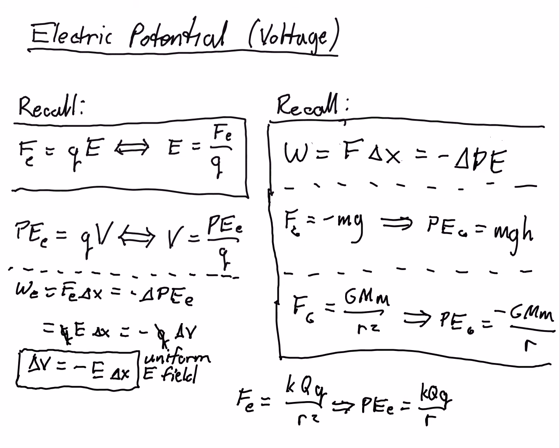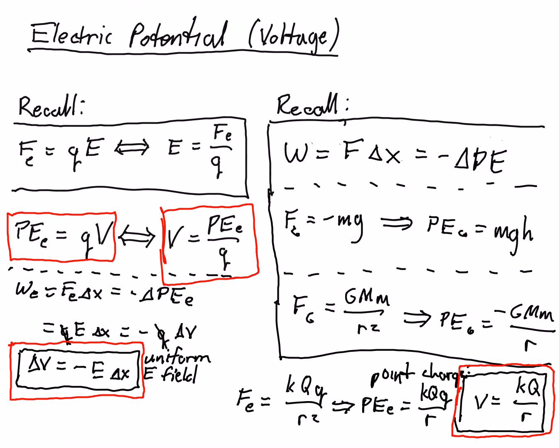Note that the minus sign is not present. That's because in gravitation, masses attract, but in electrostatics, like charges repel, so it's different by a minus sign. We can now divide both sides by little q to get that the voltage due to a point charge is kQ over r. Remember, that's specifically for the voltage due to a point charge.